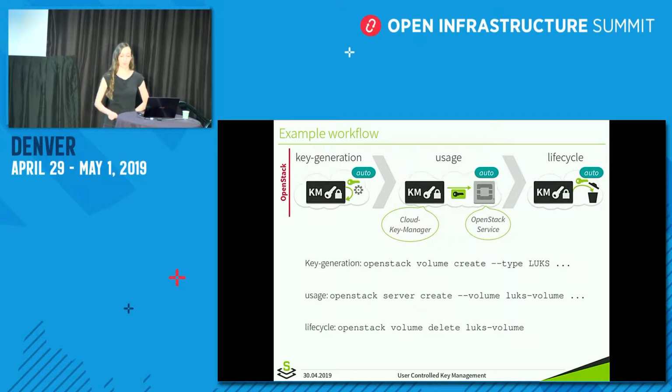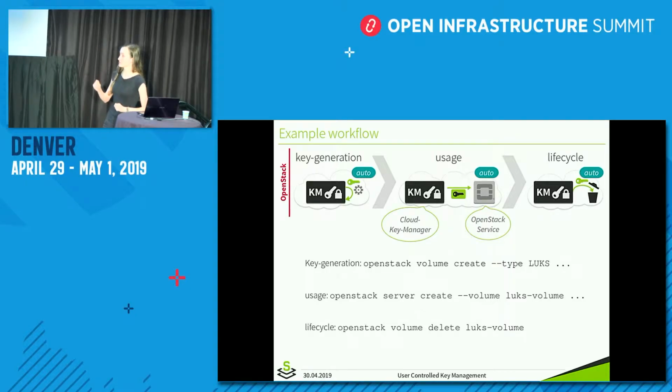And that brings us to the workflow. Here we have an example workflow of how volumes are encrypted in OpenStack. First thing is we want to create an encrypted volume, and we use the CLI command openstack volume create --type, and here we use the formerly created encrypted volume type. And what happens then is the key generation, which you see on your left. OpenStack sends a key order to Barbican, and Barbican automatically creates a key and stores it.